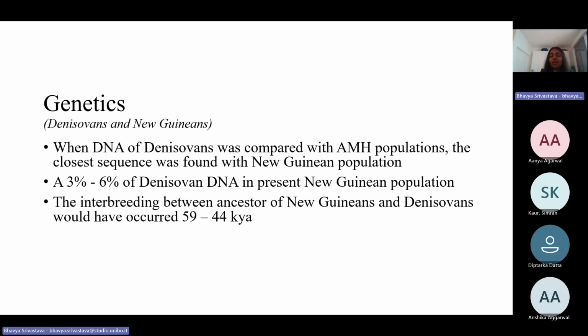And again, when this recombination analysis was done on the New Guineans and Denisovans, they found that their common ancestor would have existed 59 or 44,000 years ago.